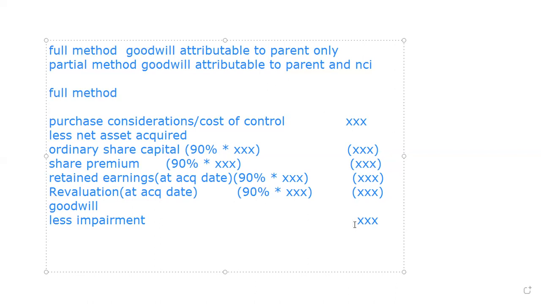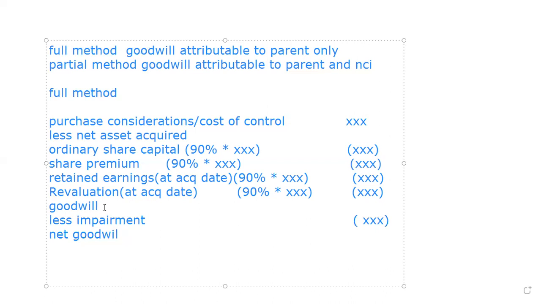You deduct the impairment and you get your net goodwill. But sometimes this goodwill can become negative. If it is negative, we call it a bargain purchase option. So that is when we're doing the goodwill attributable to the parent.